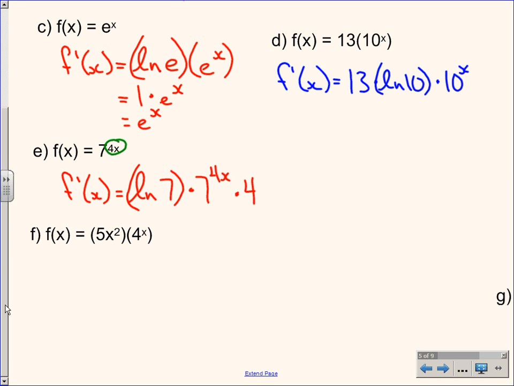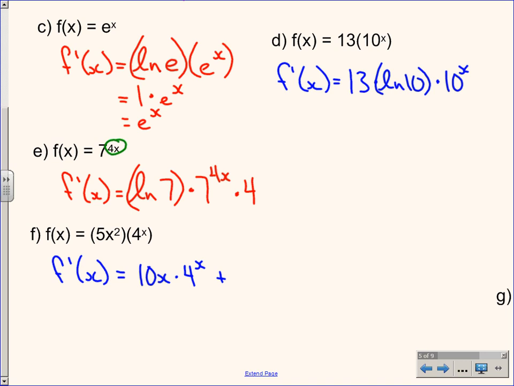This one isn't too bad, but I wanted you to see how the product rule would kick in. It's 5x squared times 4 to the x. So it's a function times a function. Product rule says the derivative of the first, which is just 10x, times the second, plus the derivative of the second. This is the new part.